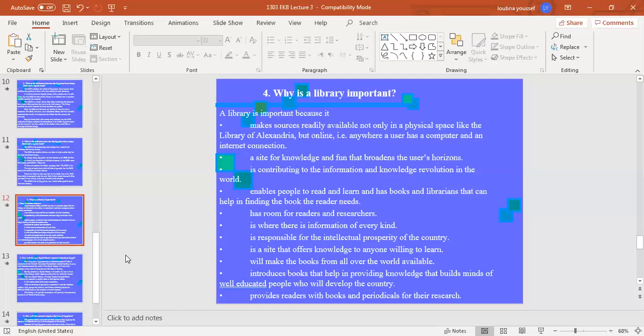And this is why any attack on a country generally attacks the library and burns it, which is, of course, a criminal act, because a library has resources that help humanity.